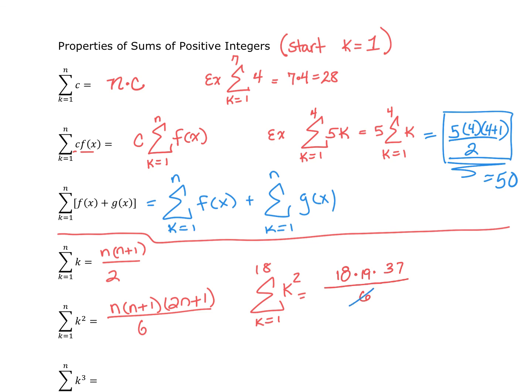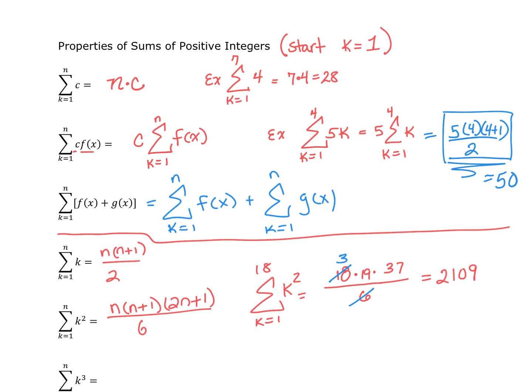Reducing a little bit, we can say 6 goes into 18 3 times, and we'll get a total of 2,109. Quite a lot easier than squaring 18 numbers and adding them up on our calculator.